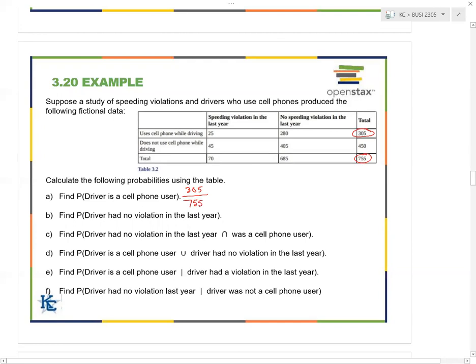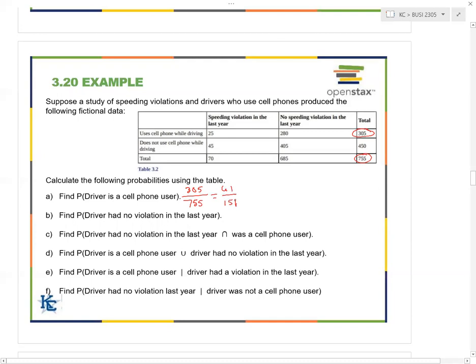When we're doing probabilities, you either need to give a decimal answer or a fraction answer. And if you give a fraction answer, a lot of times we ask for the most simplified answer. Okay, and so if I simplify this, this will be 61 over 151.